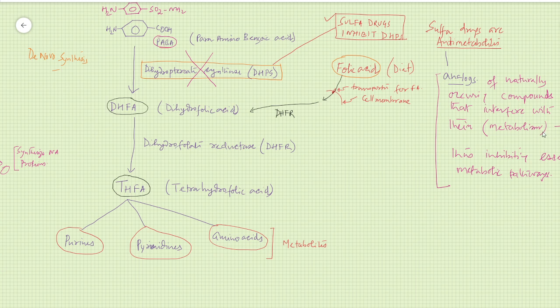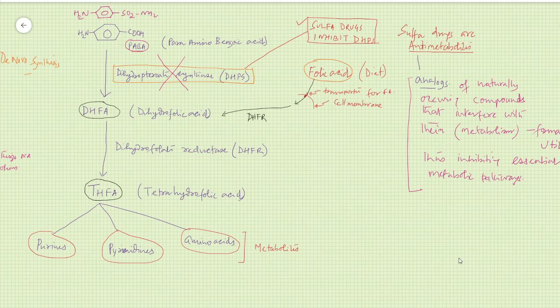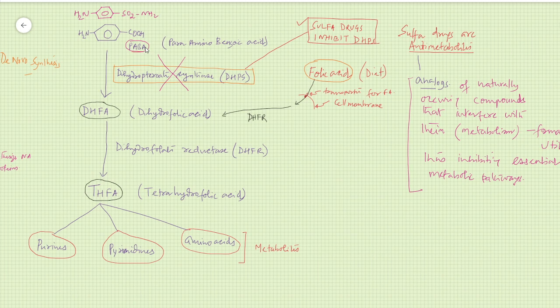It is interfering with the formation or utilization. It's a competitive inhibitor of PABA. So sulfa drugs are competitive inhibitors of PABA.